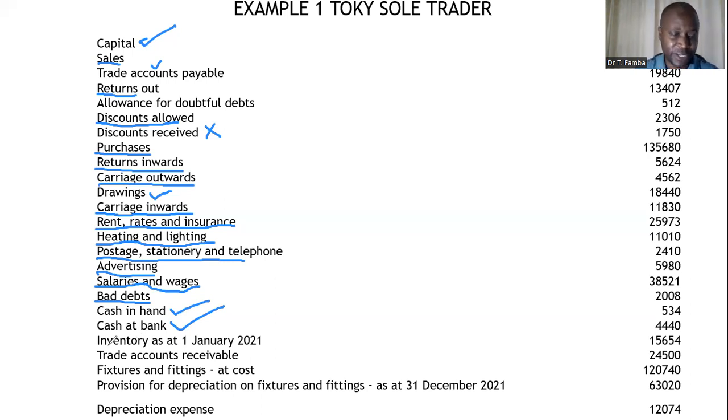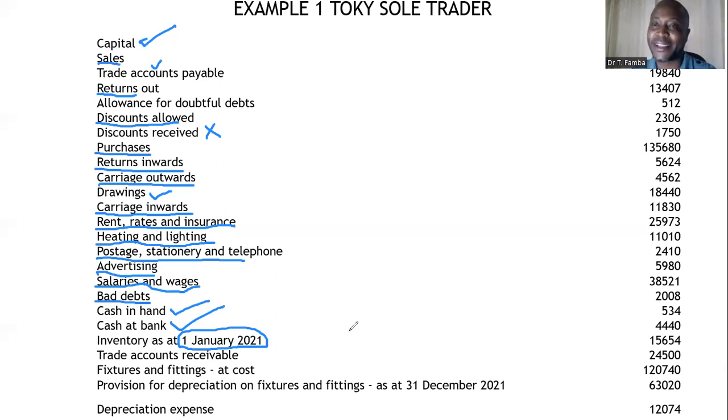Then we have inventory. This is opening inventory, because yesterday I explained that usually when you see inventory that has the date 1 January, which is the beginning of the year, in the context of Zimbabwe, we expect that that inventory is the opening inventory.